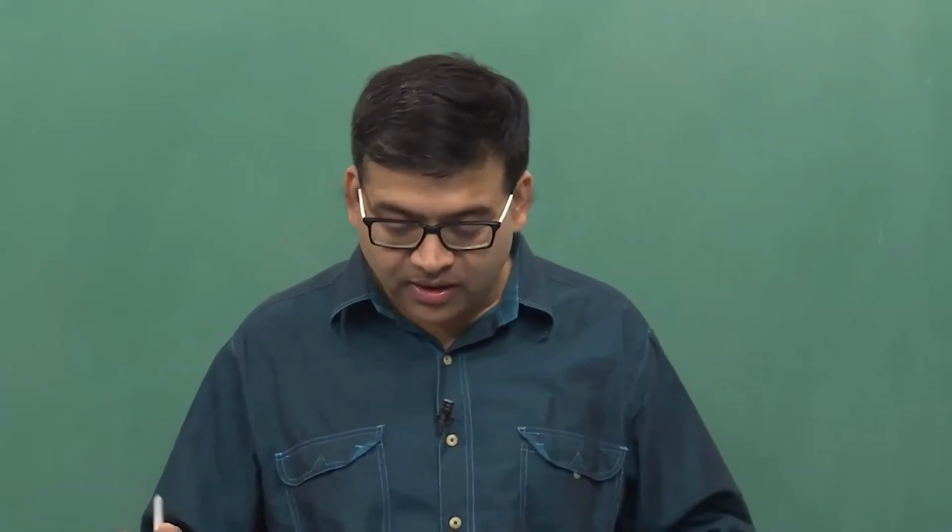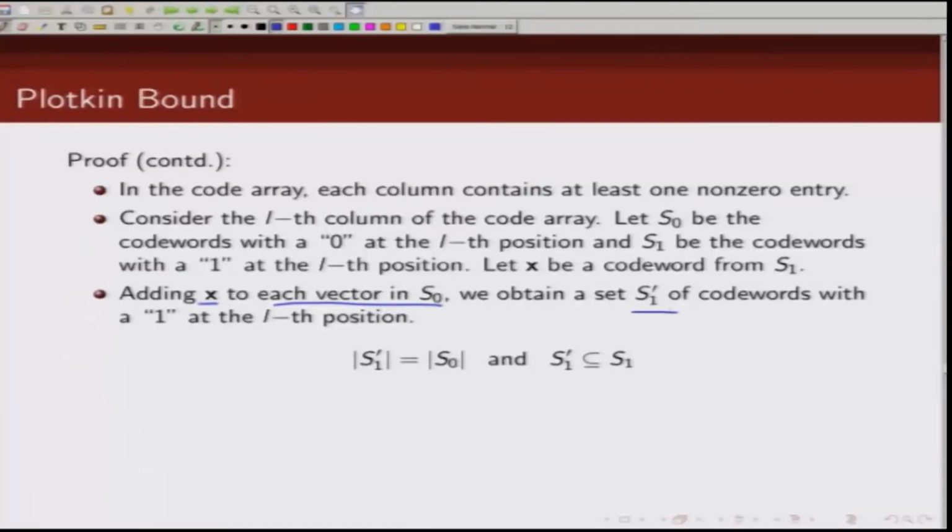Why? Because X has 1 at the lth location and this set S0 has 0 at the lth location. So, we will get a new set of code words, let us call it S1 prime, which will have 1 at the lth location.